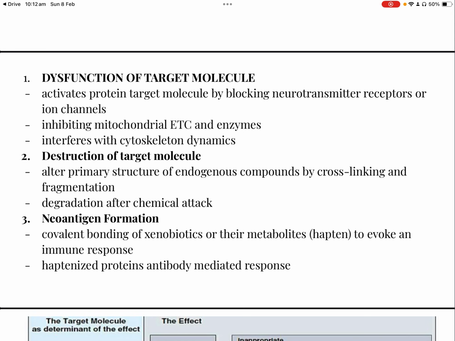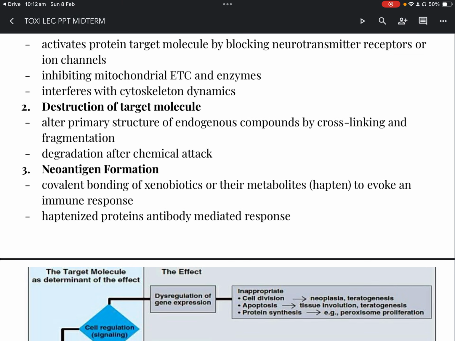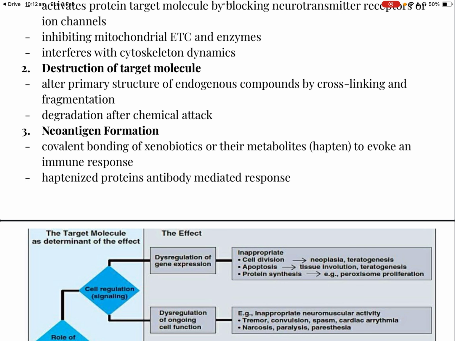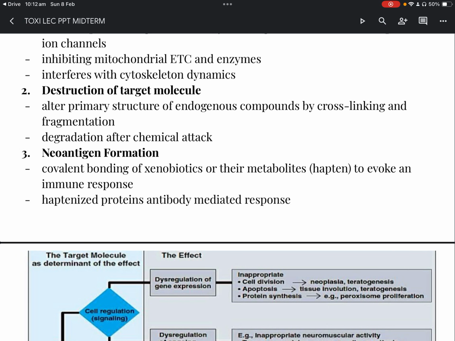And lastly, we have neoantigen formation. This is the covalent bonding of xenobiotics or their metabolites to evoke an immune response. Haptenized proteins, antibody-mediated response. Neoantigen formation involves hapten, which is the term for metabolites or the product of covalent bonding of xenobiotics.